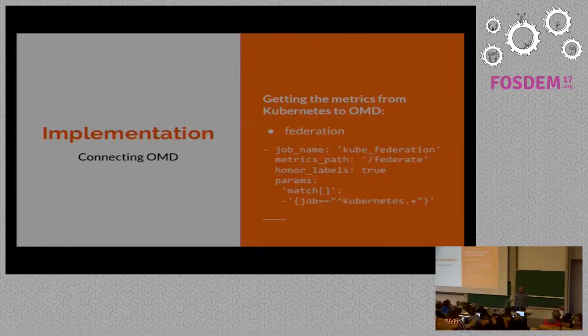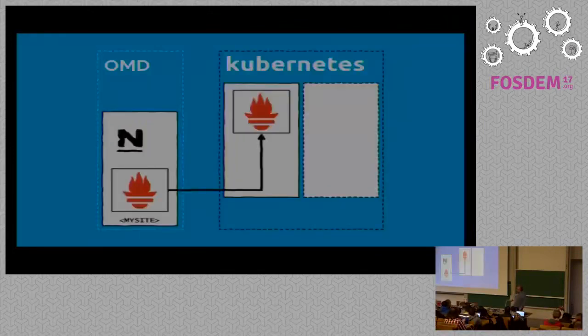I thought this is a great idea to get something like that running. We have this Kubernetes environment with the inner Prometheus and the outer Prometheus in the OMD environment, federating all Kubernetes metrics from the inside to the outside. I found it worked.